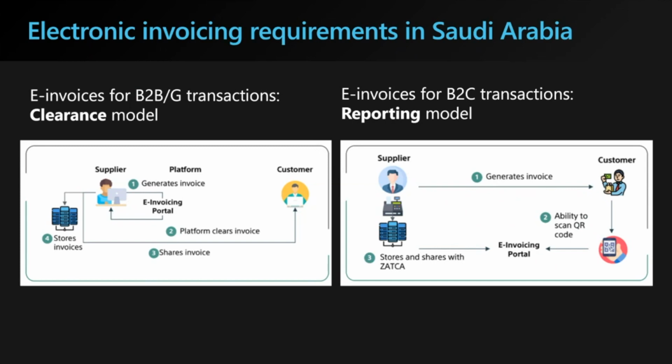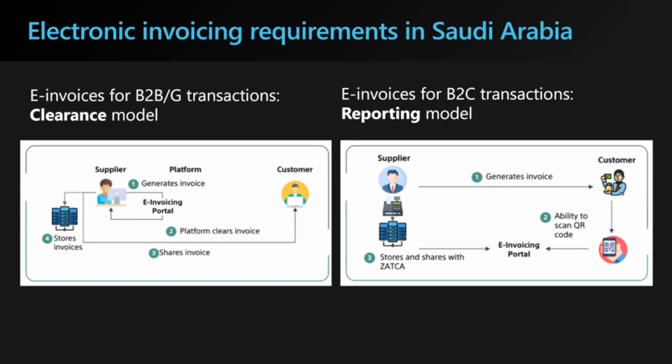There are two different approaches in Saudi Arabia for different business communication scenarios. The first one, on the left side of the slide, shows business to business or business to government communication. As a result of this communication, tax invoices should be issued and then cleared by ZATCA. The supplier issues an invoice and submits it to ZATCA first.